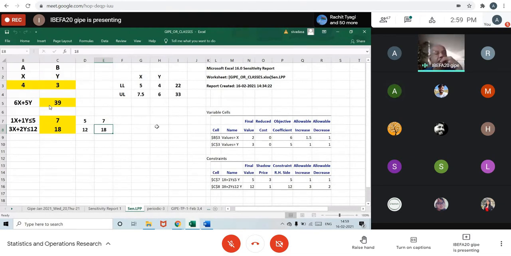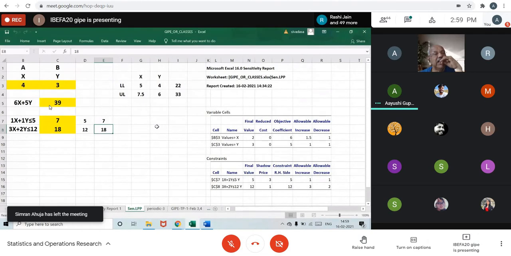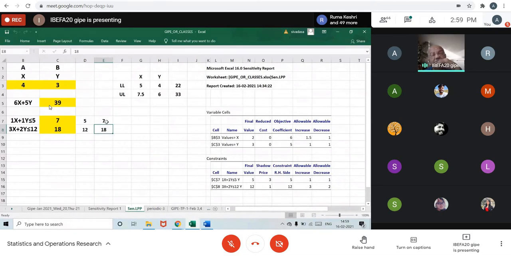So are you saying that we cannot increase the milk and choco to 7 and 18 because it exceeds our allowable increase? Yes, yes, yes. That is what it says.